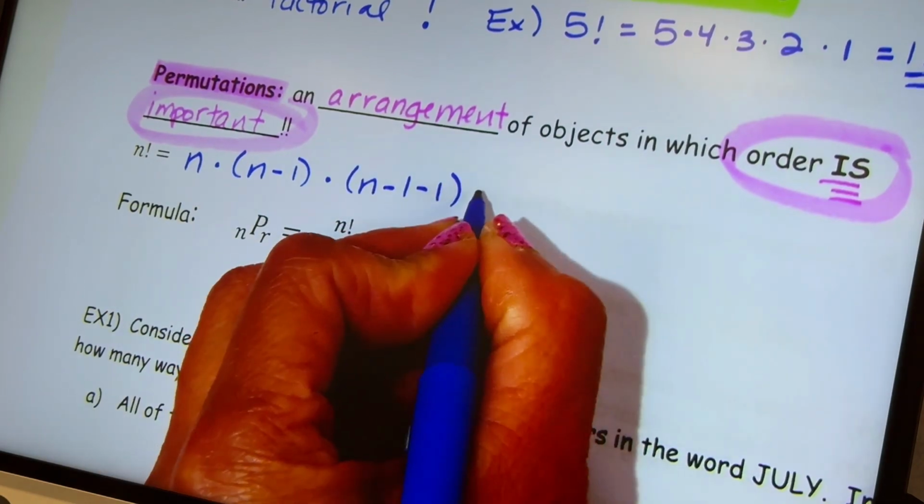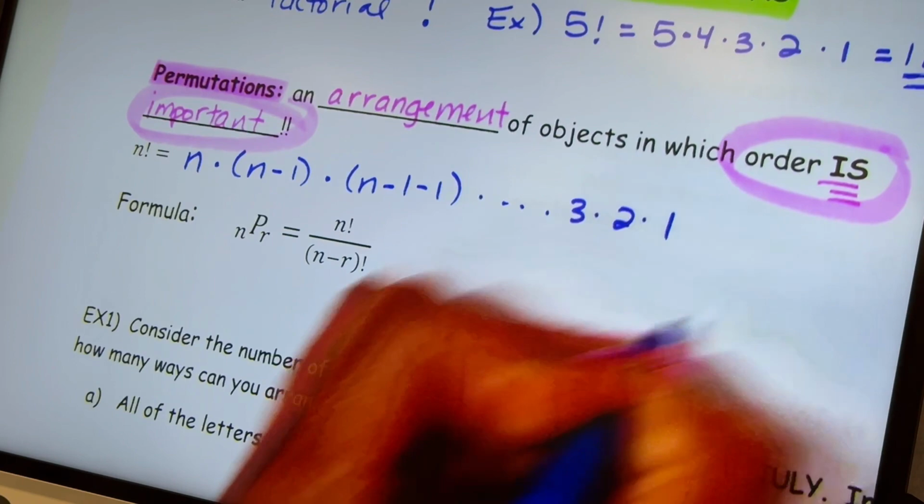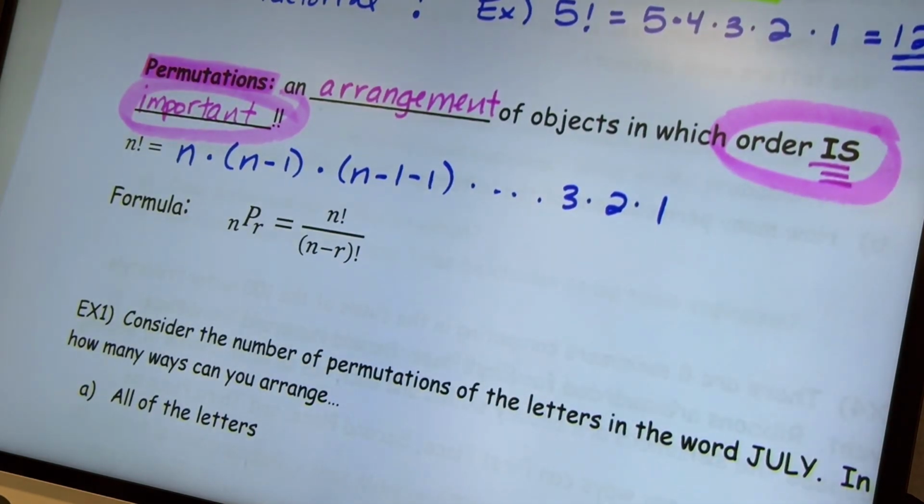You keep subtracting 1 all the way down till you get to your 3, 2, 1. Okay, this is just in general, just like I did up above with the 5 factorial. A number times the next number beneath it times the next number beneath that, where you're just subtracting 1 until you get down to 1.